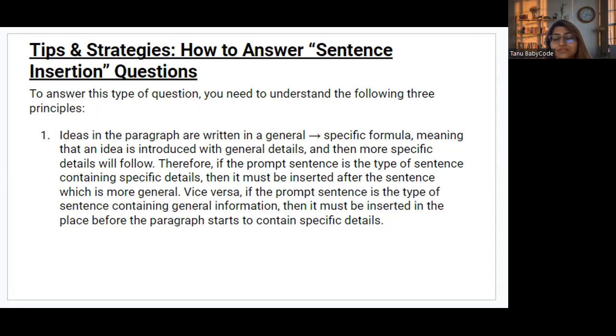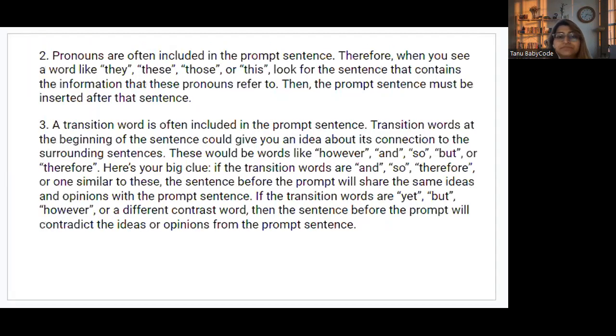So if your prompt sentence contains a specific detail, then it must come after the general one. Or if your prompt sentence has general information, then it should be inserted before the specific detail. So first you will add the general sentence and then the specific detail, right?